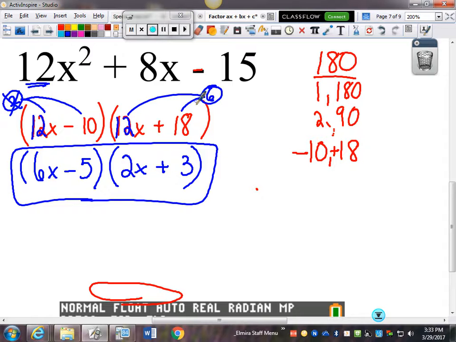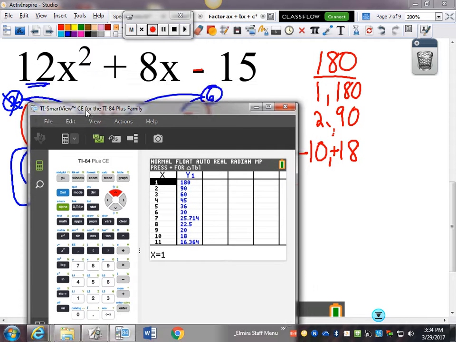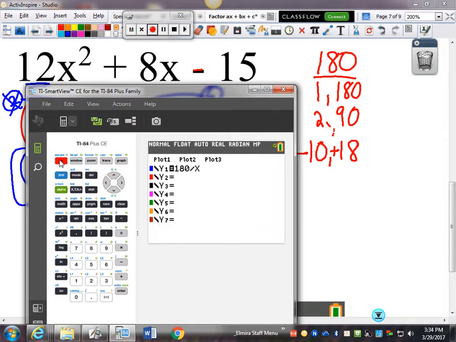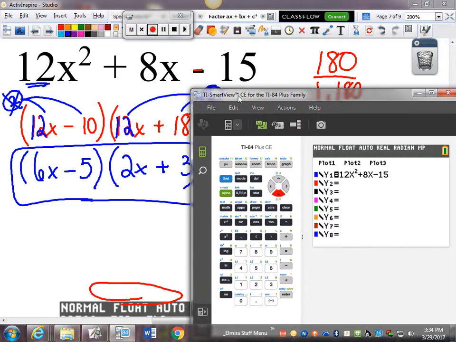If you are ever not sure if your answers are correct, go to your y equals and type them in. So y equals 12x squared plus 8x minus 15. Then type in what you got for an answer.